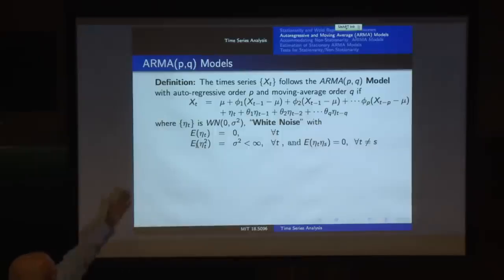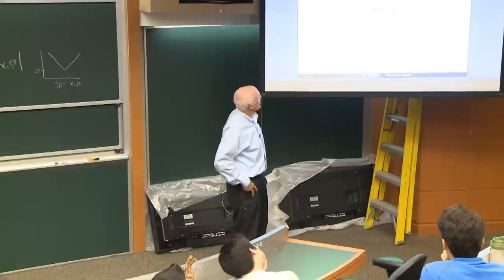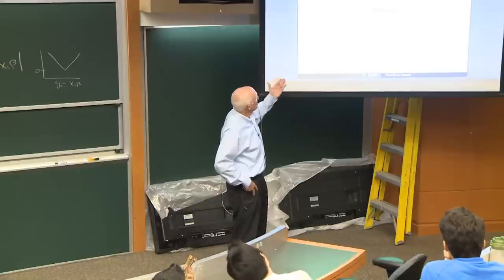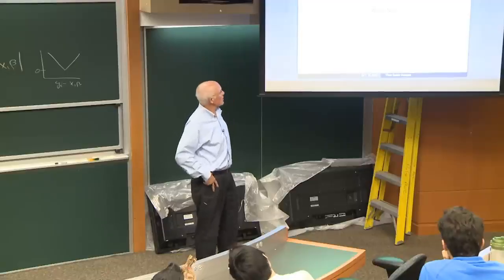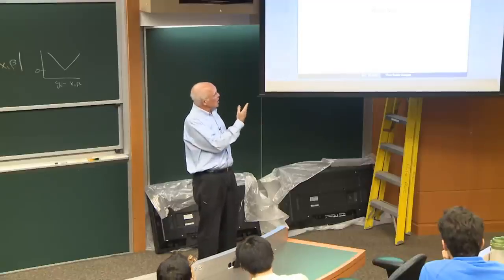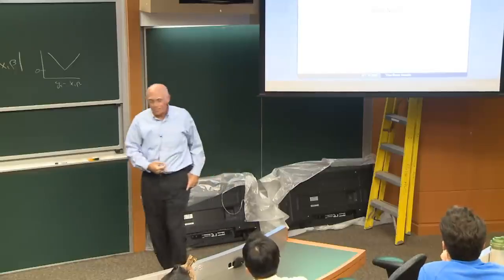And then there are residuals which are expressed in terms of a q-th order moving average. So in this framework, the eta t's are white noise. And white noise, to reiterate, is mean 0, constant variance, 0 covariance between those.